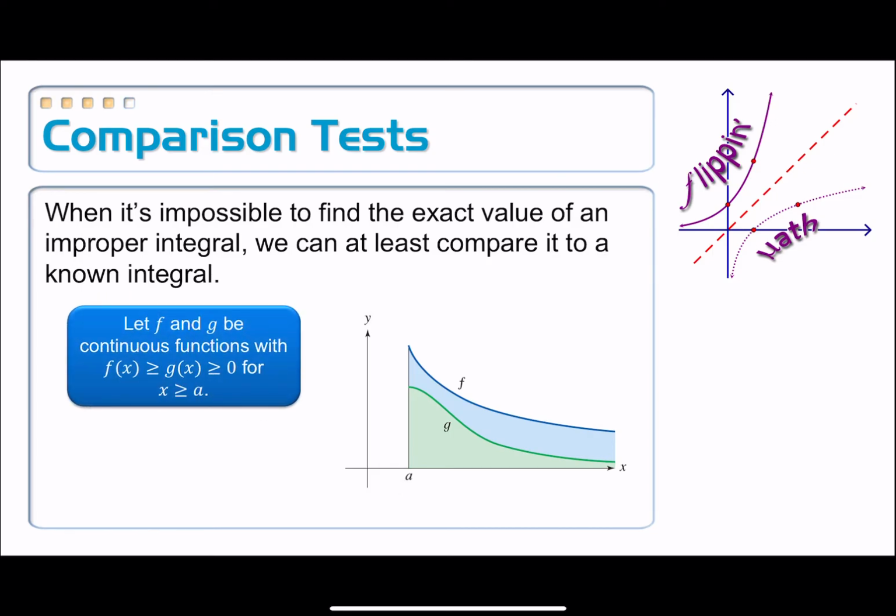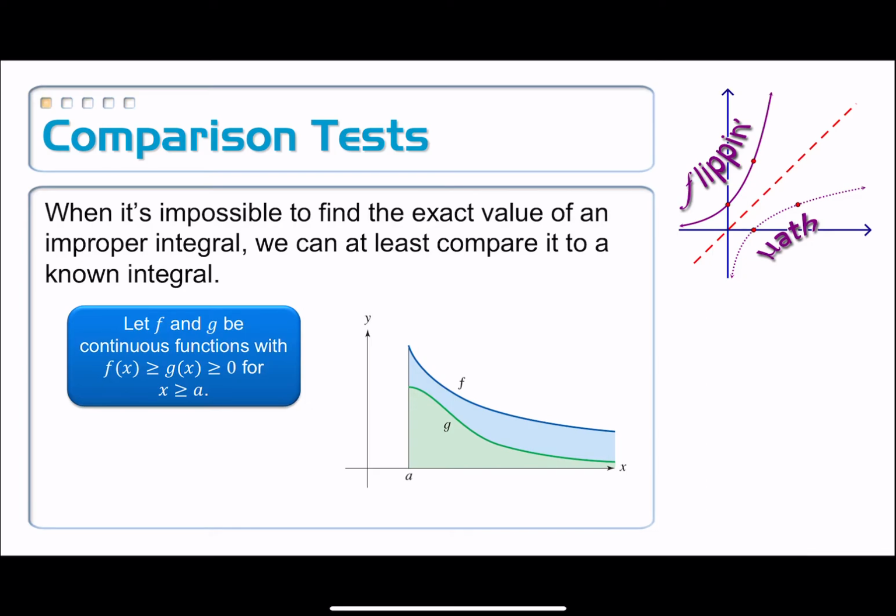Let f and g be continuous functions with f of x being greater than or equal to g of x, which is greater than or equal to 0 for some value of x bigger than a. So at some point, it could be like x equals 1 or something like that, everything beyond that, all of this stuff is true.